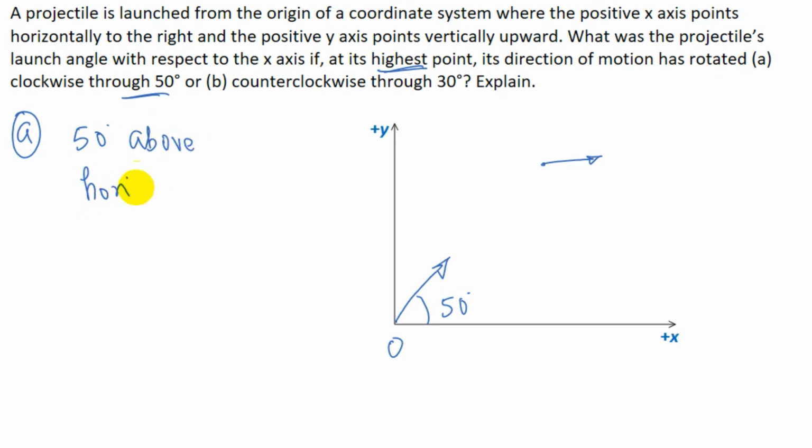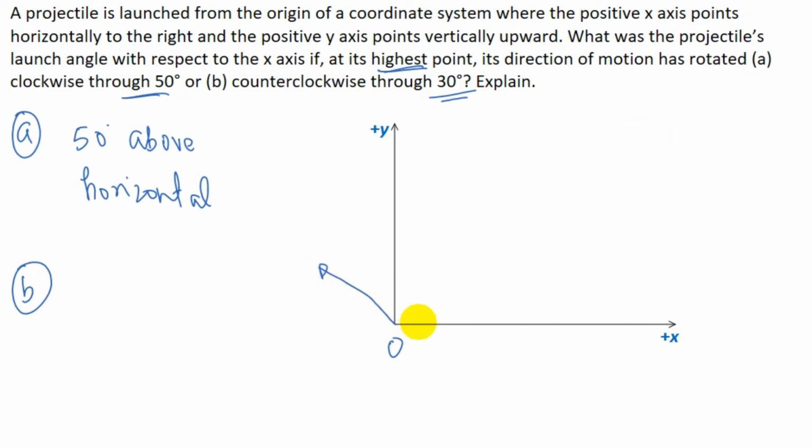So for part A, the answer will be 50 degrees above horizontal, like this, as you can see here. Now next, in part B, it says that this time it had rotated counterclockwise through 30 degrees. Now in this case, it should have been launched like this, and this angle should be 150 degrees.